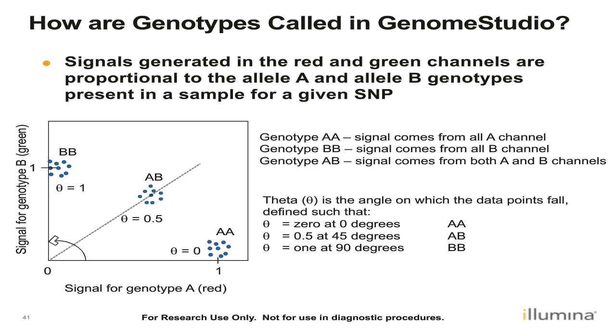Theta is another value that GenomeStudio looks at, and this is the angle on which the data points fall. This is defined so that when theta is 0, at 0 degrees, this corresponds to the AA cluster of samples. When theta is 0.5, at 45 degrees, this corresponds to the AB cluster. And when theta is 1, at 90 degrees, this corresponds to the BB group.